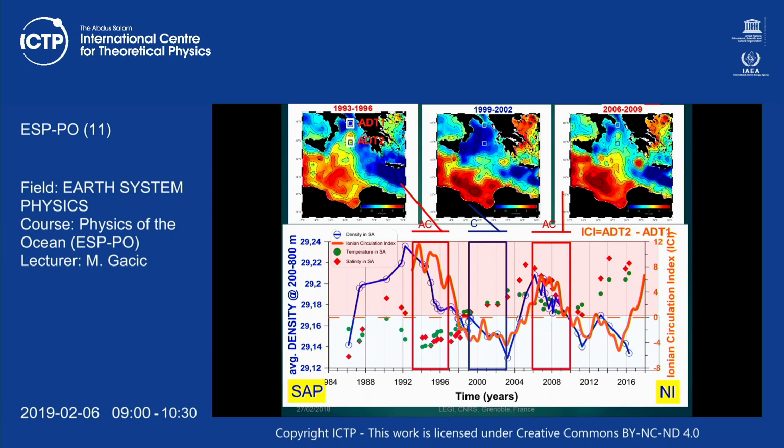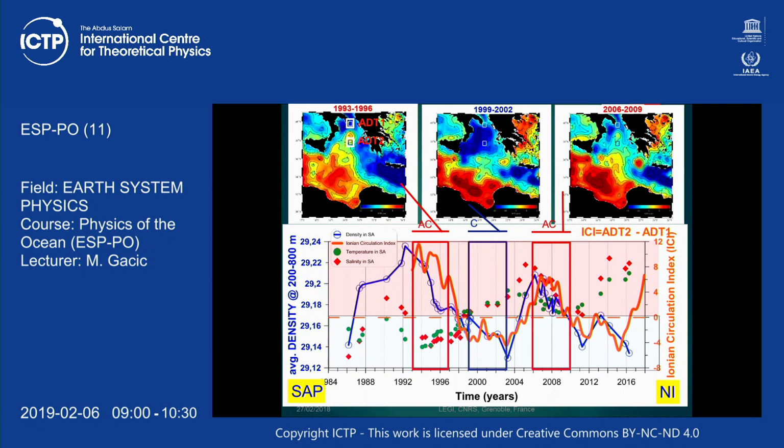What is clear is how the blue and red curves follow each other very nicely for a much larger period than when we are talking about the float period. And you can see the decrease of the ICI. The ICI positive, you remember, means this minus this, that's anticyclone.